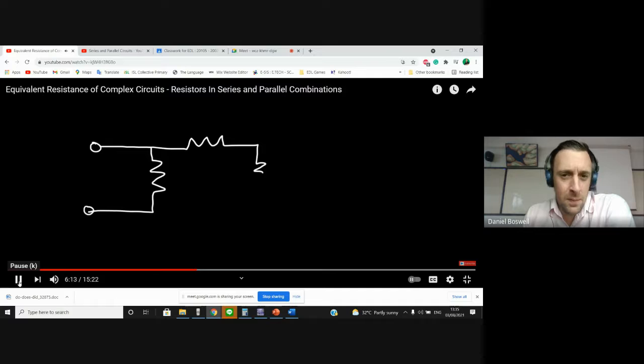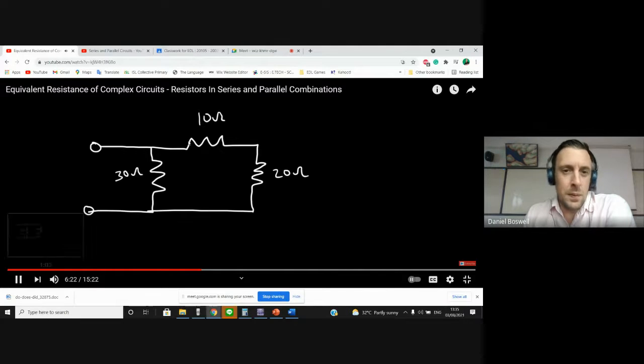Different example now. So we've got 10 ohm, 20 ohm, 30 ohm.